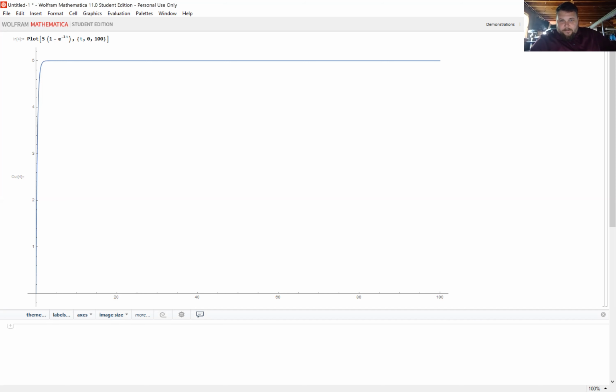Now it does say here, find I of t and then find the current after 1 second. So we would just need to do I of 1. And let's see what that is.